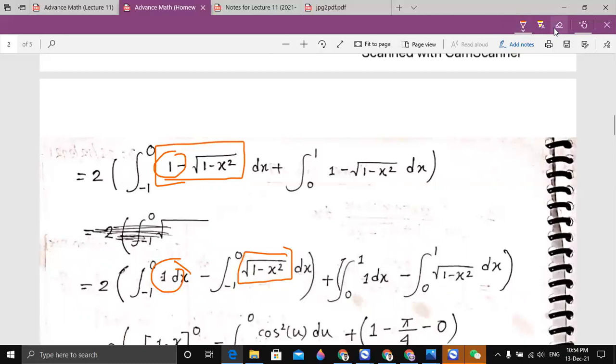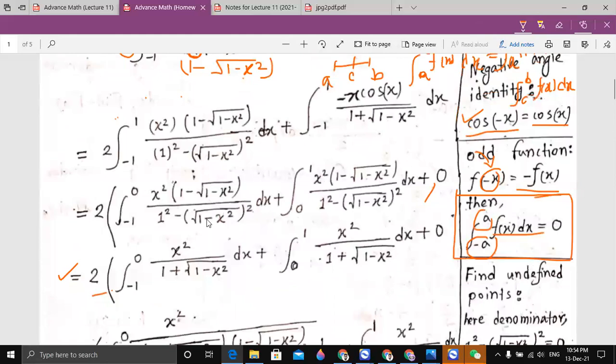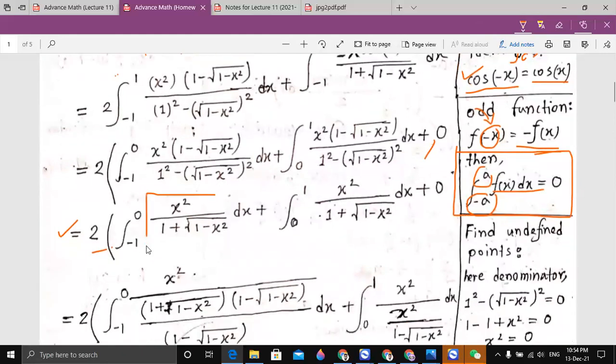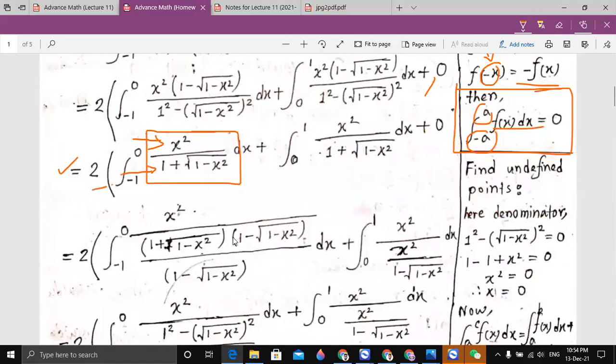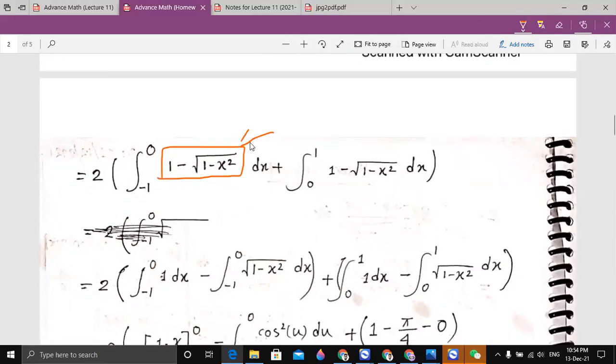So our target is to make it a single line. But this function here has a numerator and also a denominator. So we have to break it down and make it a single line. This is our target, because if it is a single line, then we can calculate easily.